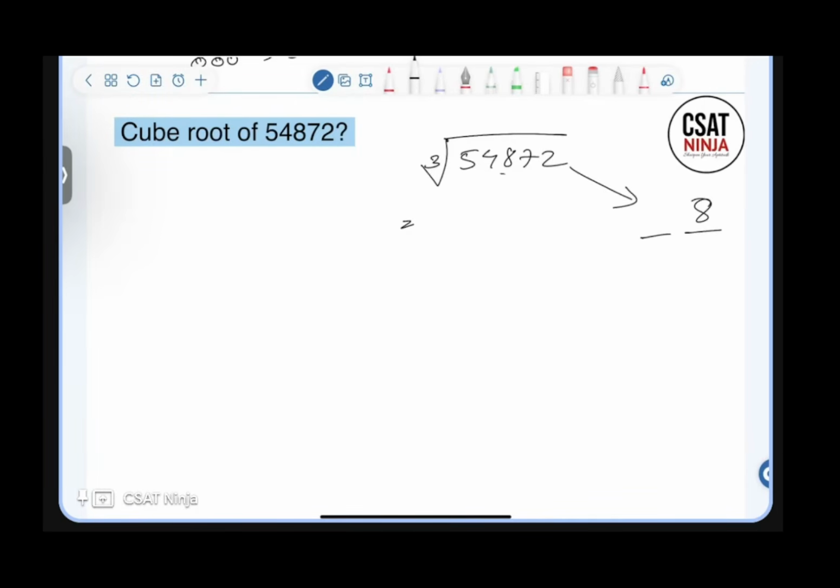And if you divide 3 each, you'll get like this. And you just need to find which cube and which cube 54 lies between. 3 cube is 27. Yes, 38, correct. And 4 cube is 64. So the lowest number here is 3. So the answer here is 38.